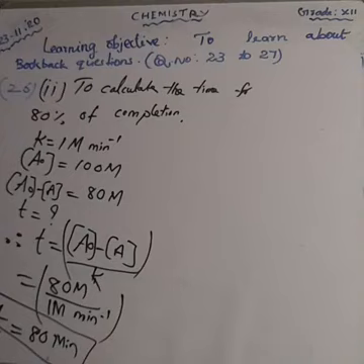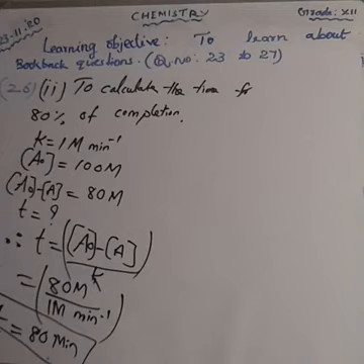K is also given: 1.8 into 10 raised to minus 5 second inverse. The R value we know is 1.987, a constant value. The temperature is converted from Celsius into Kelvin.